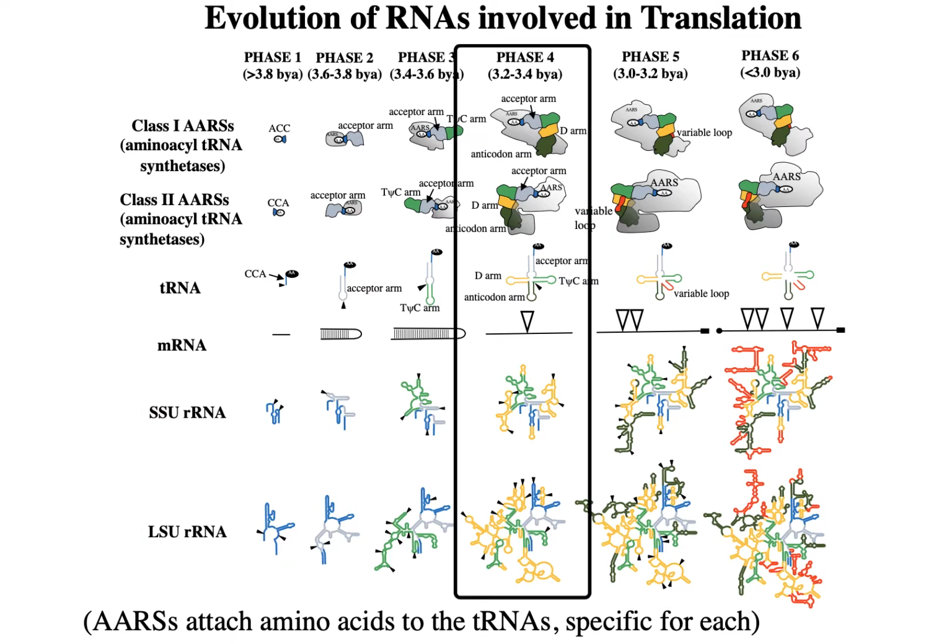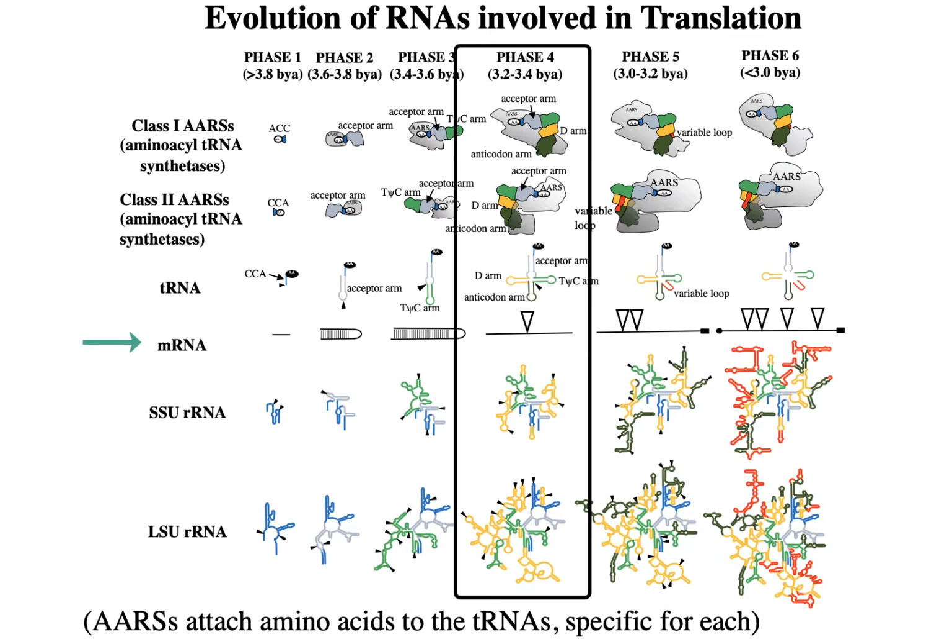In phase 4, the diversity and sizes of the class 1 and class 2 AARSs continue to increase. The tRNA doubles in size by this time, so you have fully developed the DHT domains as well as the anticodon domain.